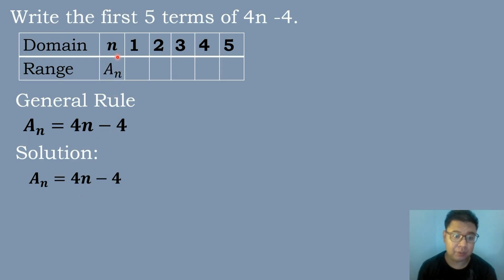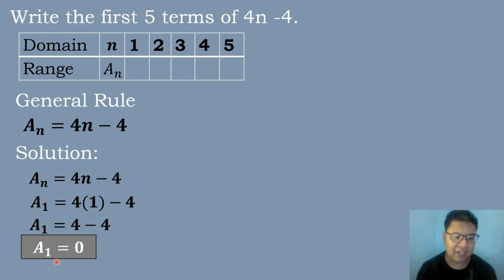To compute the first term, we substitute 1. So a sub 1 is equal to 4 times 1 minus 4. So a sub 1 is equal to 4 minus 4, and the value of the first term is equal to 0.